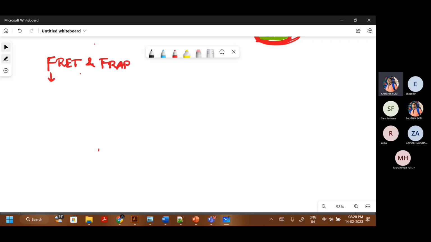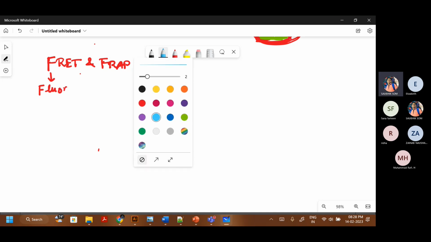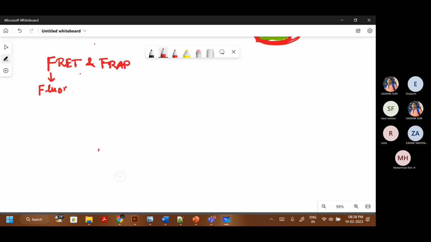FRET is known as fluorescence resonance energy transfer.